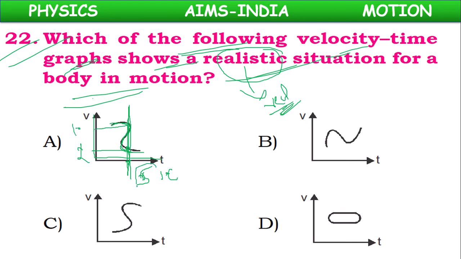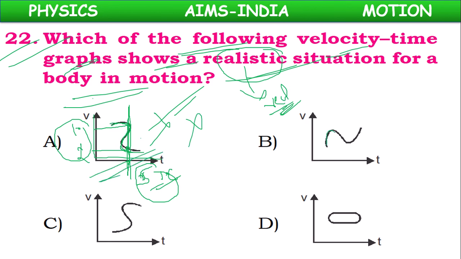Means at the same instant of time, it is having two velocities. It is impossible, because when we are traveling on a bike or a car or any vehicle, at one instant we will be having only one particular instantaneous velocity. At the same instant of time, any body cannot possess two different velocities. So this is not possible in a real life situation.